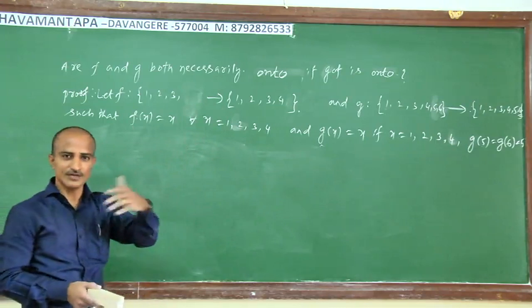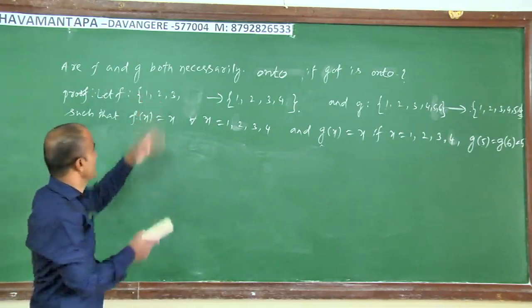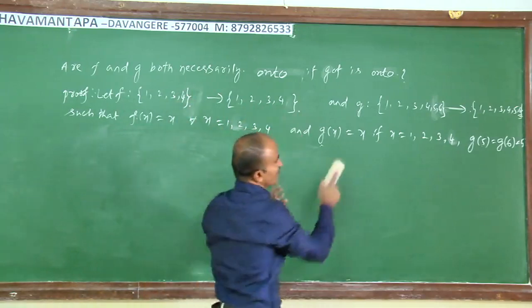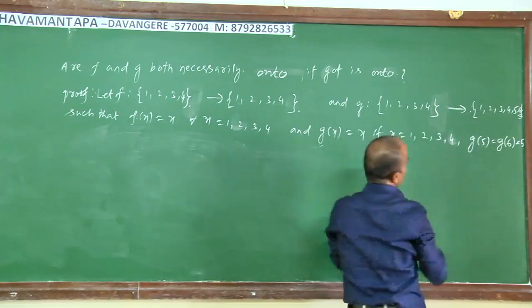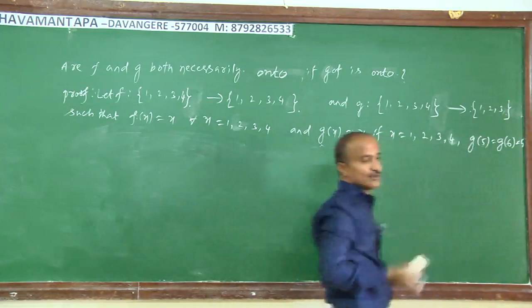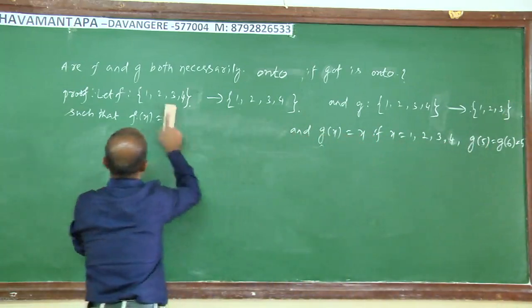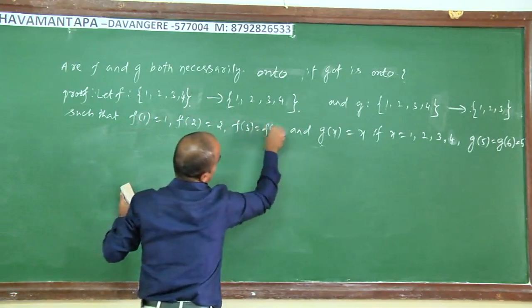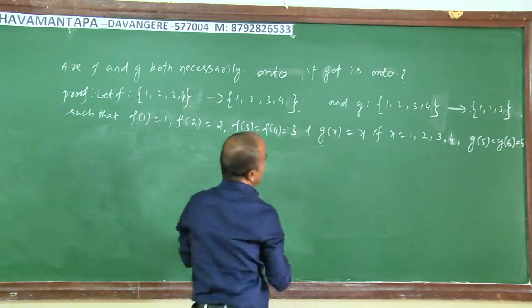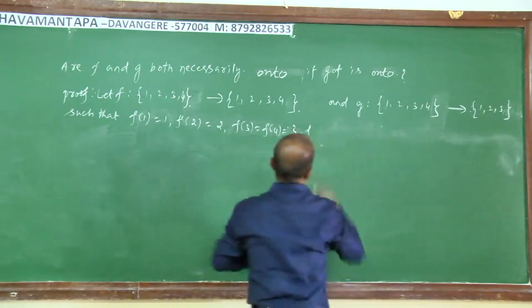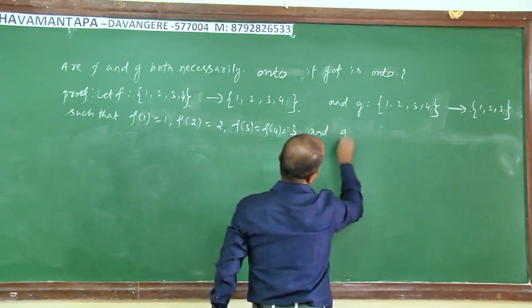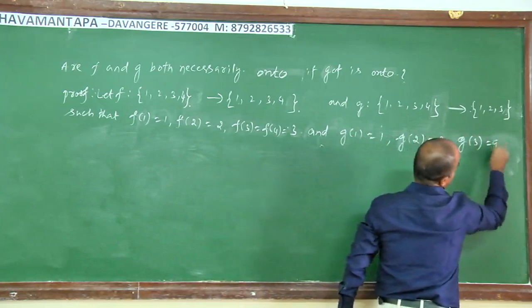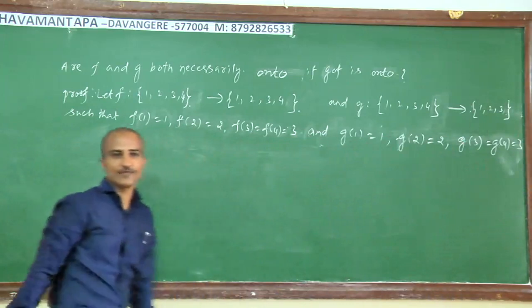For that we will take an example where f is defined from the set {1, 2, 3} to the set {1, 2, 3, 4}, and g is defined on the set of all elements 1, 2, 3, 4 and the codomain is the set of elements 1, 2, 3, such that f of 1 is 1, f of 2 is 2, f of 3 is 3, and g of 1 is 1, g of 2 is 2, g of 3 is 3, g of 4 is 3.